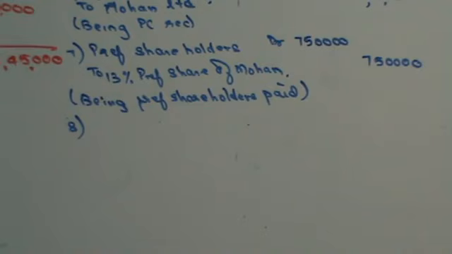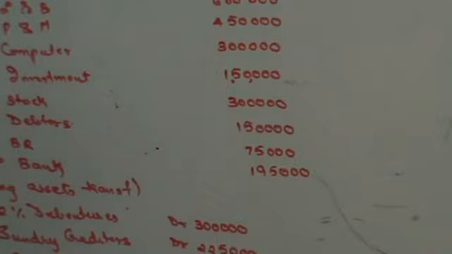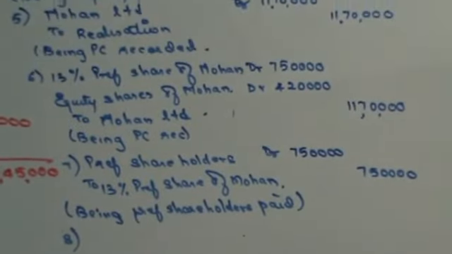Now let's see, how do I get the realization figure? Someone please do the addition. 23,70,000 minus 7,05,000 plus 1,50,000 minus 11,70,000.